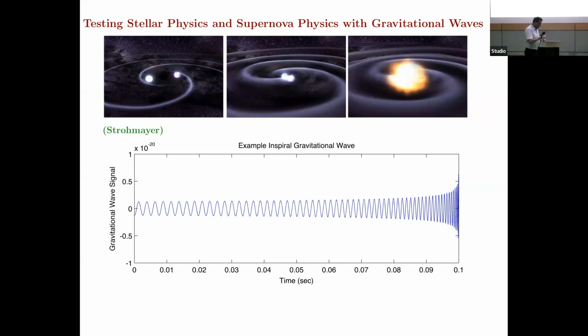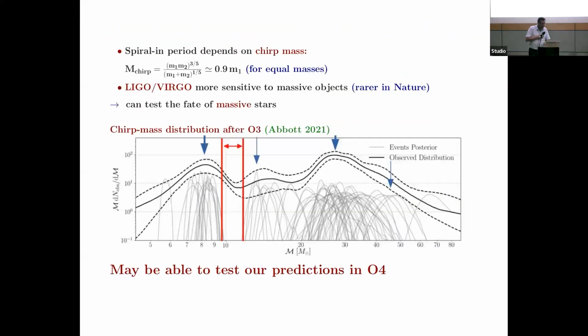Because this behavior, this increase in frequency, is essentially just a function of the two masses. It's this combination of the mass of the two objects, which is called the chirp mass. If they are both the same mass, it's basically 90% of the mass of each object. This is something you can essentially directly determine from the observations of the signal.